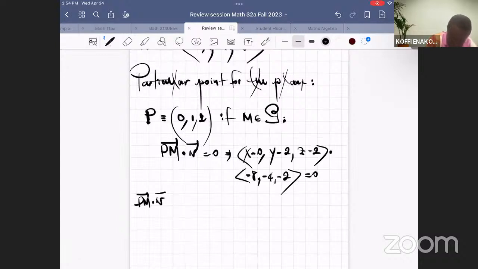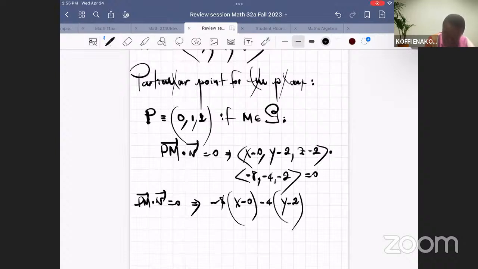So PM dot N, the PM and the N are orthogonal. So I'll have negative 8 times x minus 0, minus 4 times y minus 1, minus 2 times z minus 2, that equals 0. I can simplify by negative 2 if I prefer.